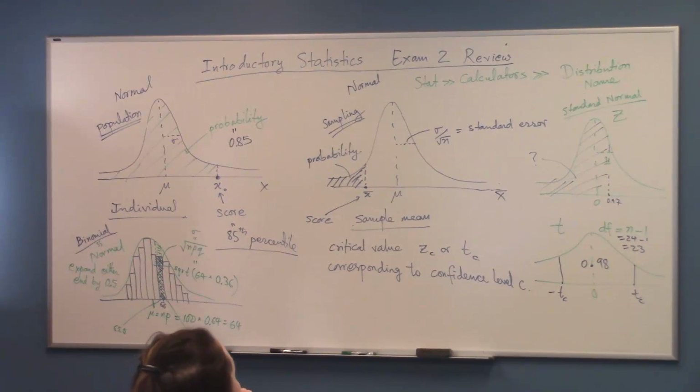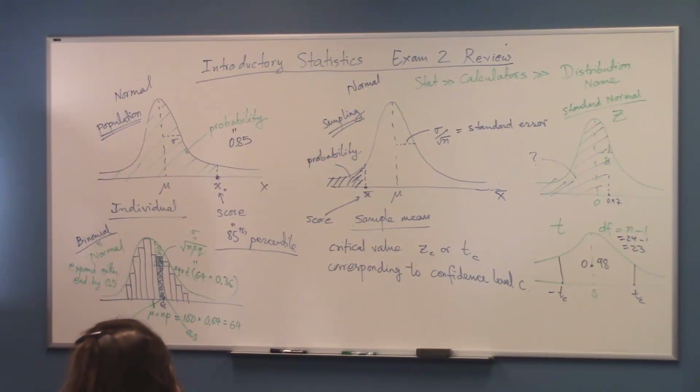So for a normal distribution, our mean is 64, and standard deviation is SQRT of 64 times 0.36.